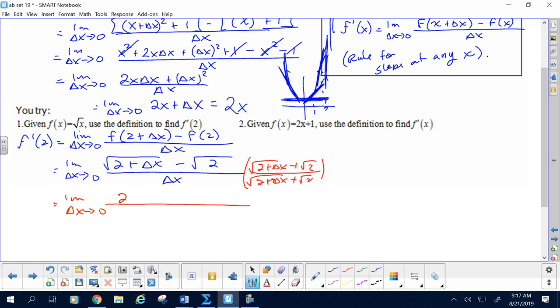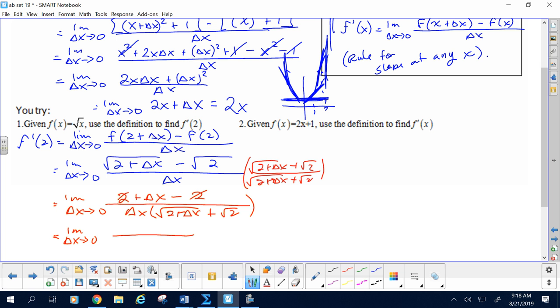So, once you get root of 2 plus delta x minus root 2 over delta x times root of 2 plus delta x plus root 2, I think you'll see that the delta x divides away.